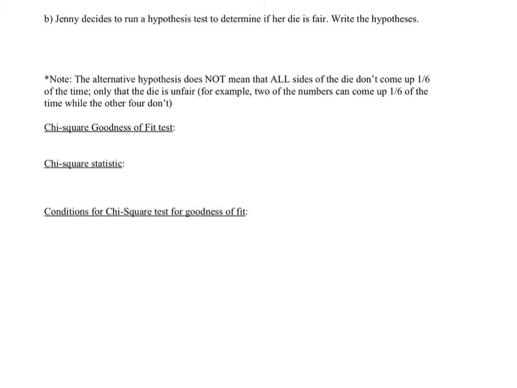So now let's go ahead and write our hypotheses. Whenever we do a chi-squared test, we almost always will write our hypotheses in words. Our null hypothesis would be that each side of the die comes up 1/6 of the time, or that the die is fair. So I'll write it as the die is fair, but I'm going to be a little bit more specific. It's always good to explain yourself very clearly.